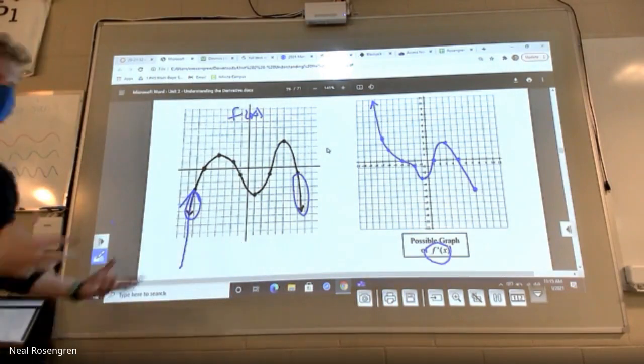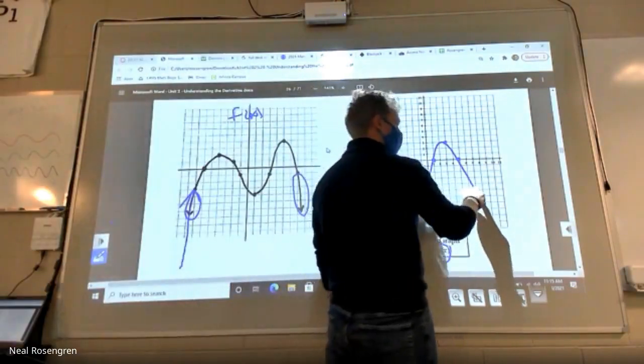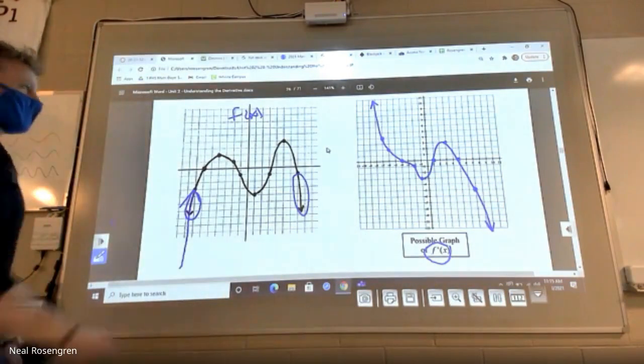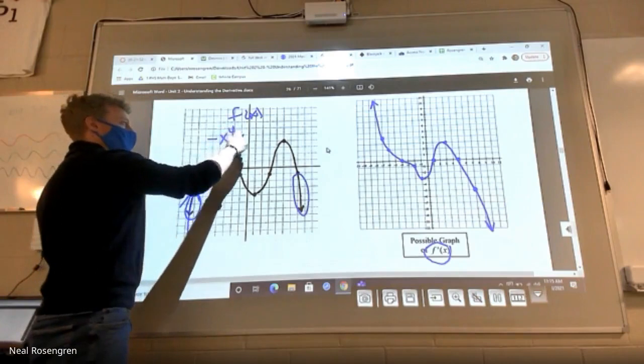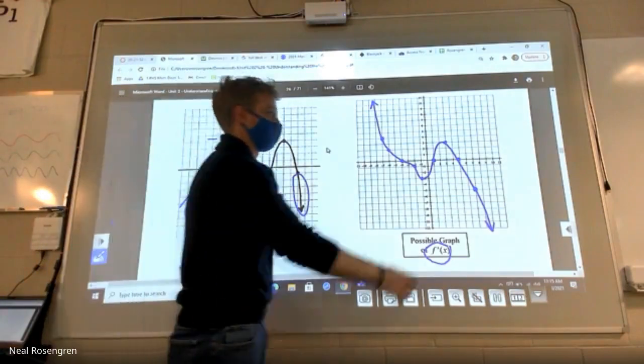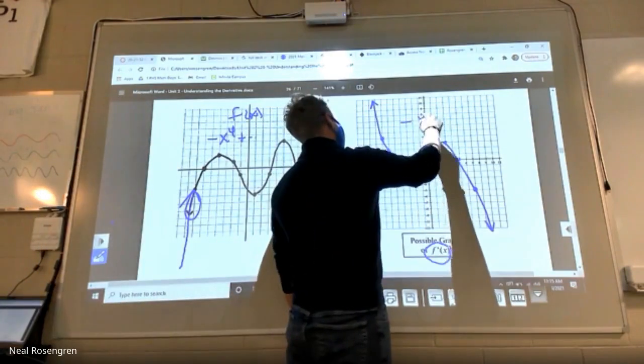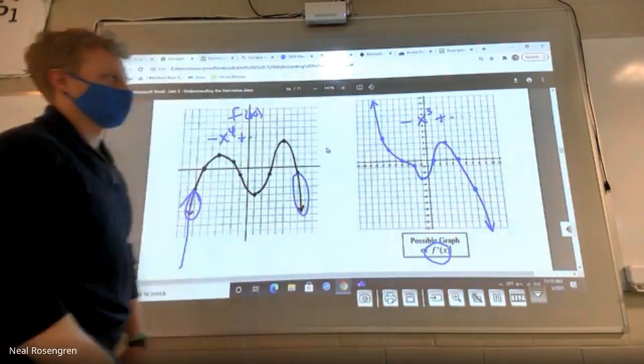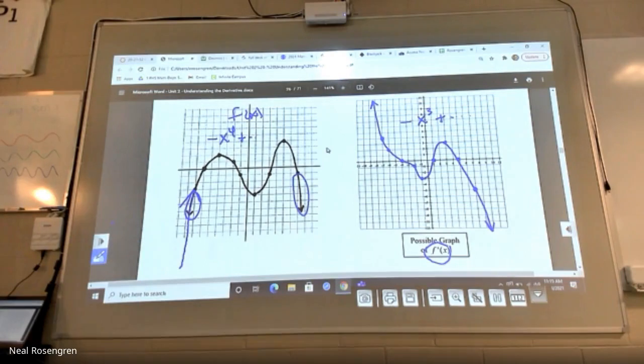It's increasing quickly. Same thing, but here, oh, no. If this is negative x to the fourth plus some stuff, look what we've got. Negative x to the third plus some stuff. And of course, some constants in there too. But it matches and it looks so good.